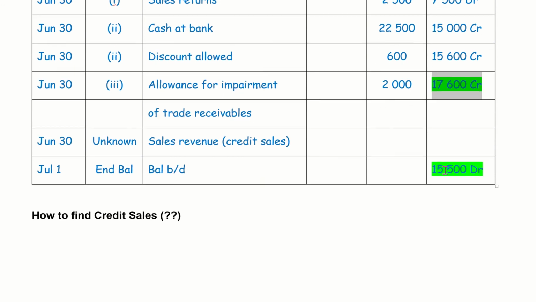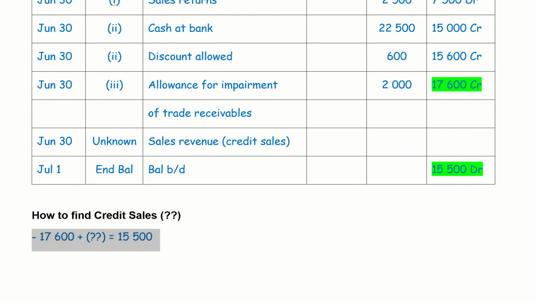And you somehow ended up with $15,500 debit. It means that you probably took 17,600 credit, which is a negative amount. You added your sales revenue inside the debit column, and it helped the number to become $15,500.